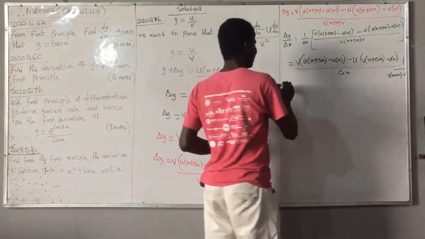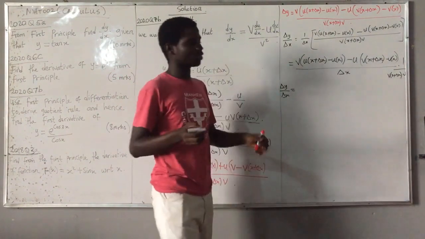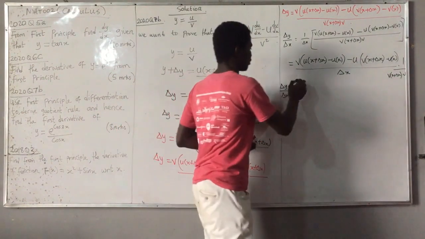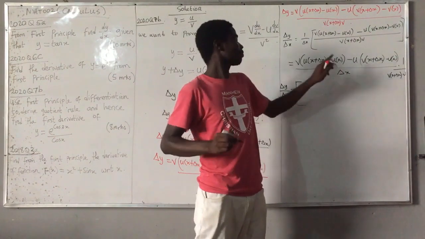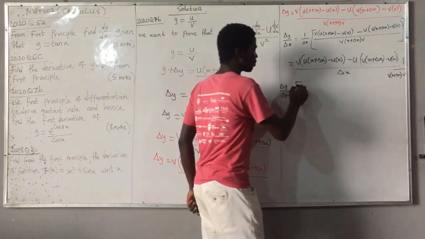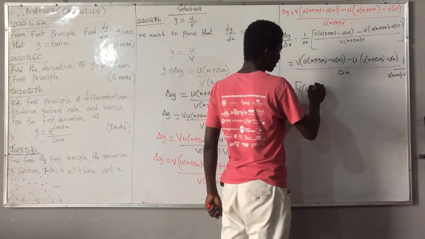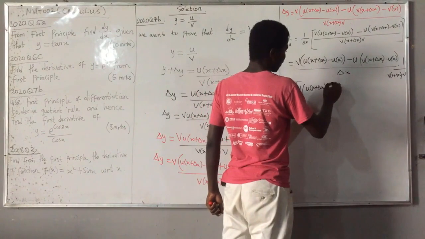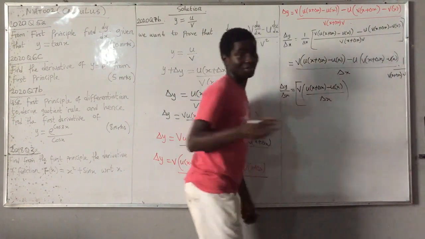Now, to round off, separate it. You know how to separate fractions now. This one over all this one is multiplying everything, right? Now, this one will have all this over delta x, so this one will have v. Now, look at what I'm doing: u of x plus delta x minus u of x all over delta x. This is correct.